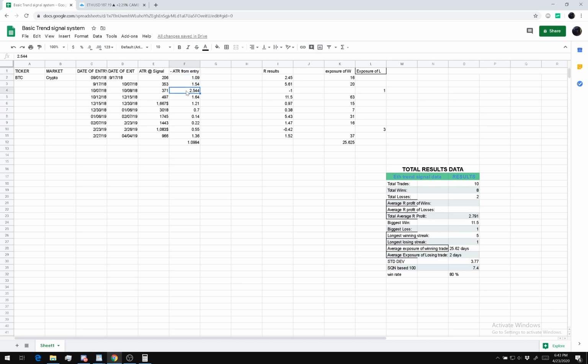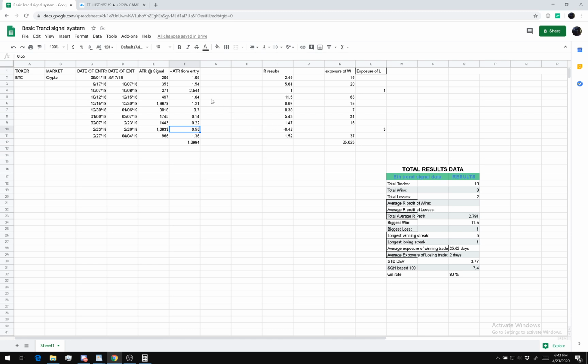Because I'm using a 2 ATR stop, this number has to be over 2 for it to be a losing trade. So you see, that one was 1, that one was 1.5, so those were winners. This one was 2.5, so we lost. And then the other loser was not because it hit my stop, but because it signaled me to get out at a loss.